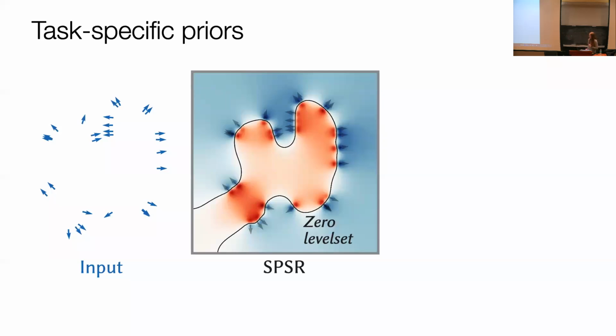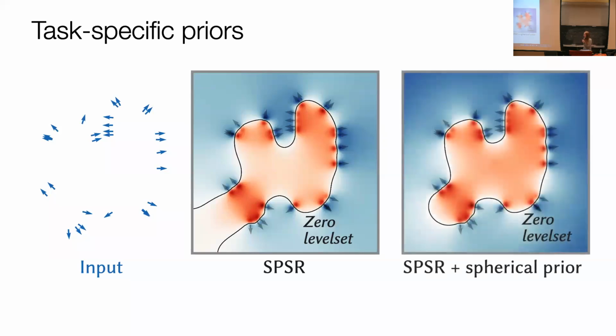It outputs open surfaces. And there have been whole papers on how to solve this, how to impose constraints on Poisson reconstruction so that it outputs closed surfaces. With our statistical understanding, we can actually add this in less than a line of code just with the prior, by changing the prior and making it spherical. And that way we enforce legally that the surface has to be closed.